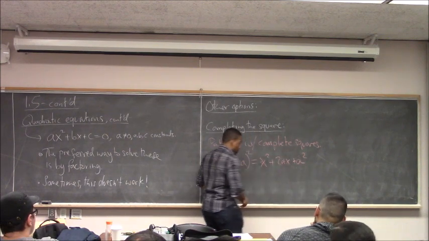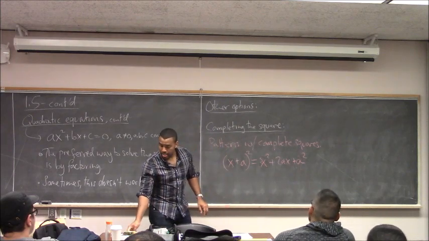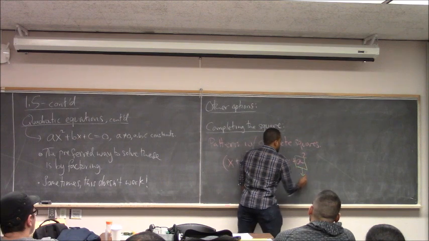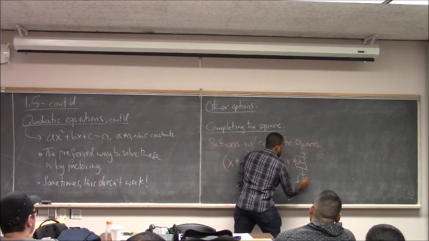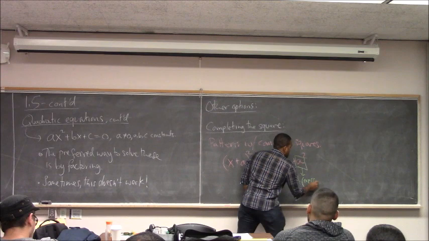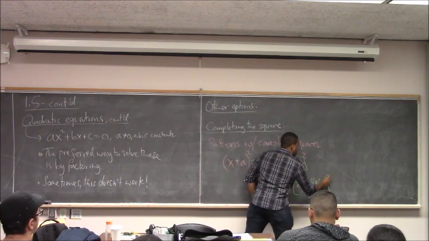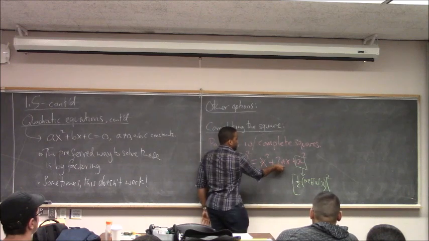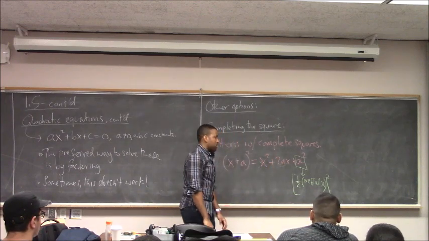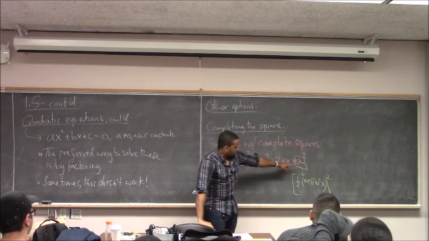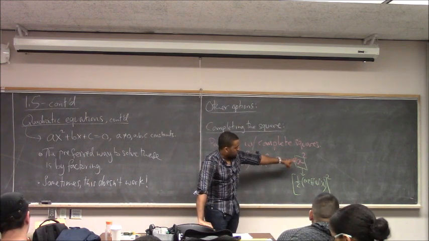And what I want you to notice is that the last term is 1/2 the coefficient of x, all squared. Right? Notice that if I look at the coefficient of x, I take half of that. Half of 2a will be a. And so the last term is just half of this all squared.